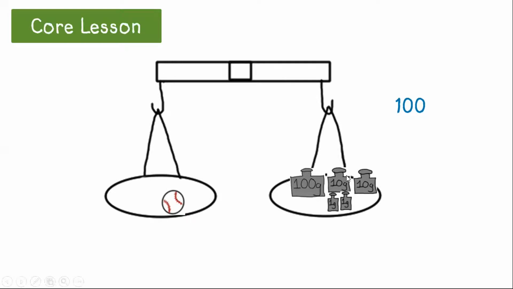We add the tens: 10 and 10 equals 20. Excellent. We add the ones: 1 and 1 equals 2. So 100 plus 20 plus 2 equals 122 grams. The mass of that ball equals 122 grams.